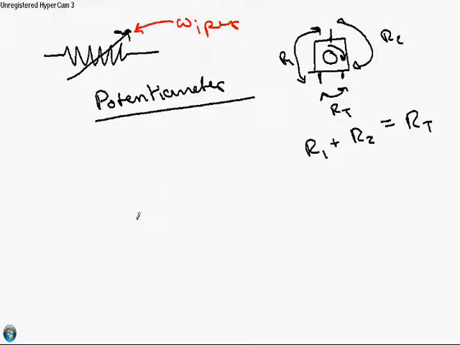So let's say you've got 5 volts here, and here's your potentiometer, and this is connected to ground, and then there's your wiper. So here's R1, here's R2, and here's the output.